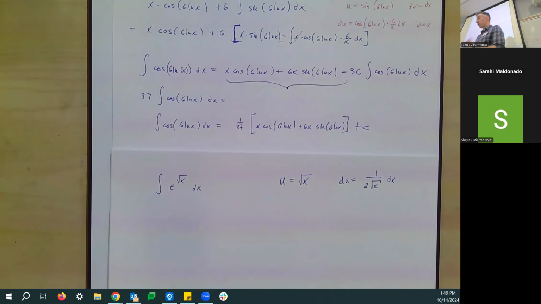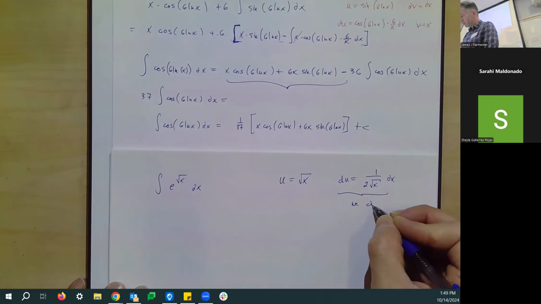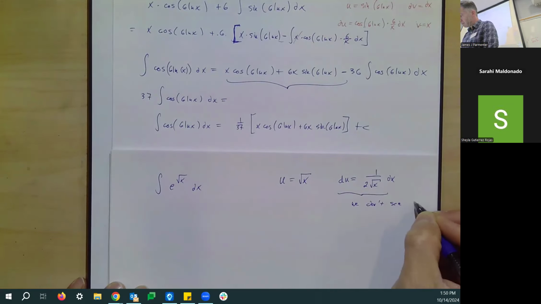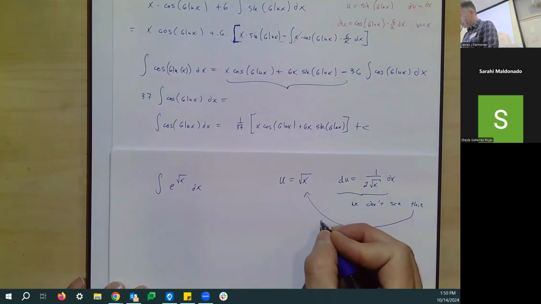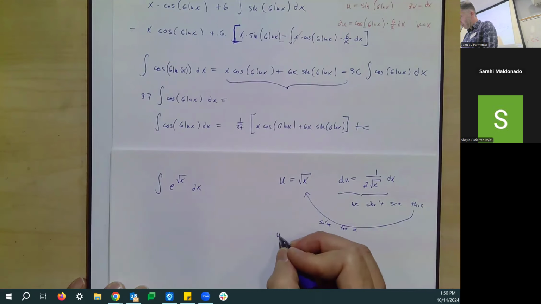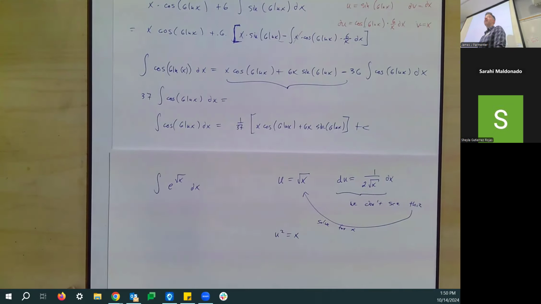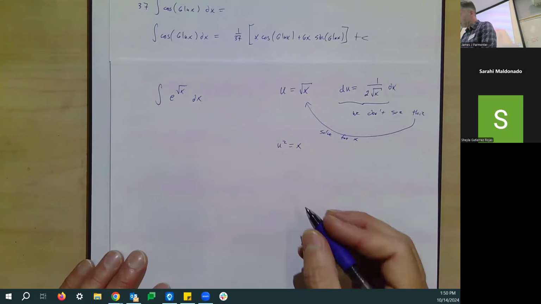So I would encourage you to go this way. If you don't see this, then go back over here and solve for x. So we're going to get u squared equal to x, and then differentiate both sides. What's the derivative of u squared? 2u.